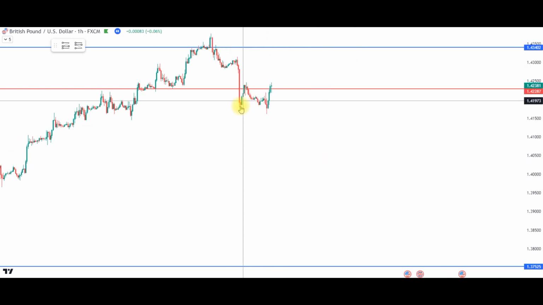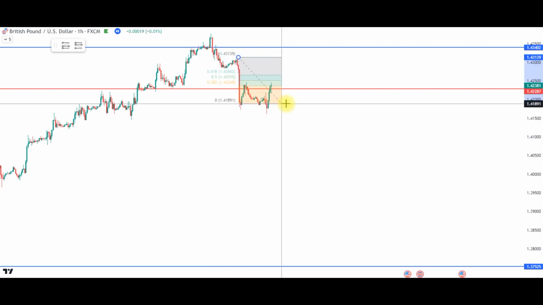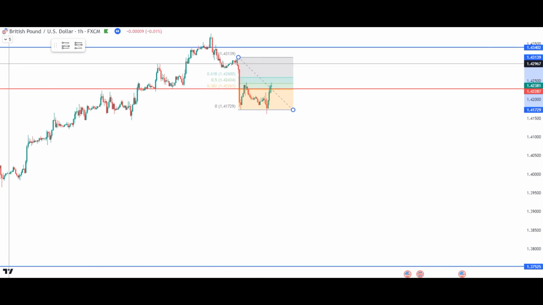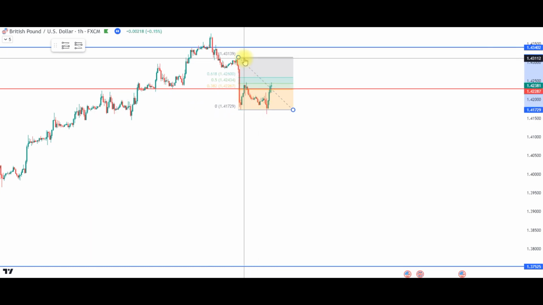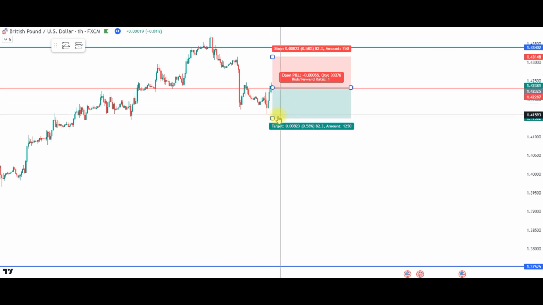But those who still wait for confirmation can use the Fibonacci retracement right here to see that the pullback may end right at this area, or also wait for the beautiful double top here and enter a trade short right after that.